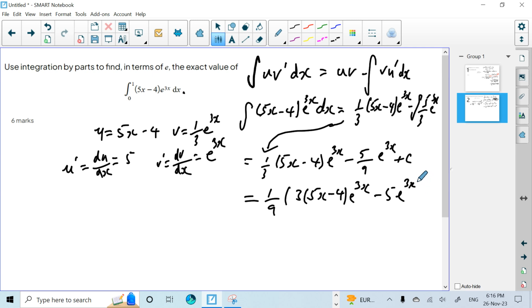And of course that's in brackets, plus c. That looks okay, and I can handle that. That will give me 1/9 e to the 3x (15x minus 17) plus c.